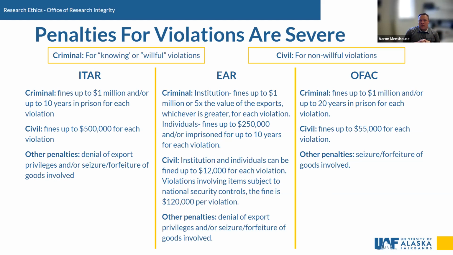So it's very important that we comply with these regulations. In addition to that, you as a researcher can lose your ability to get federal funding, as well as the university could lose access to federal funding in the future for violating these regulations.